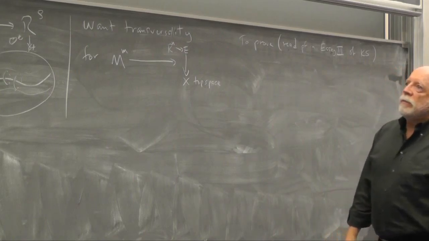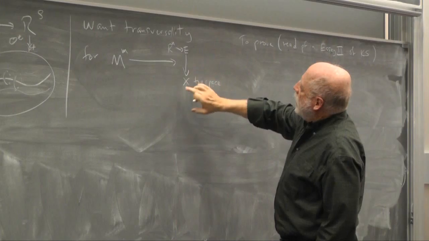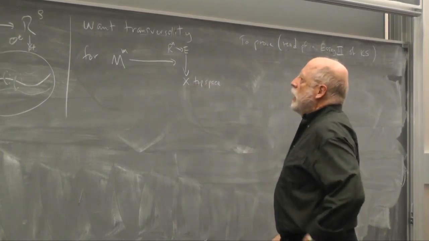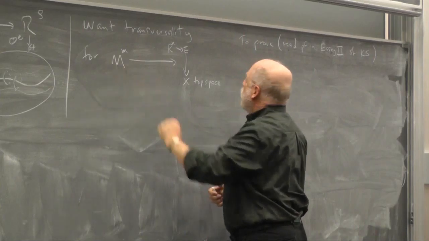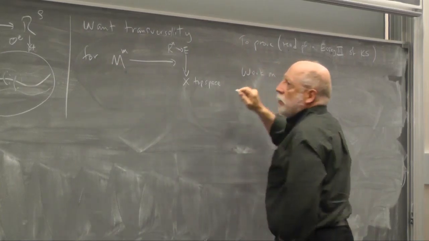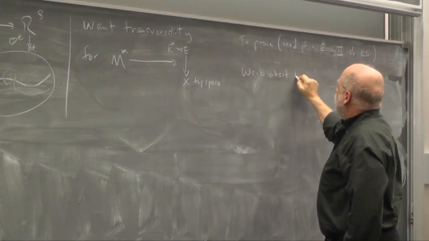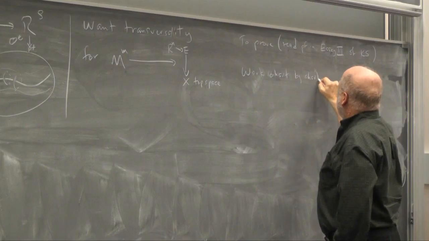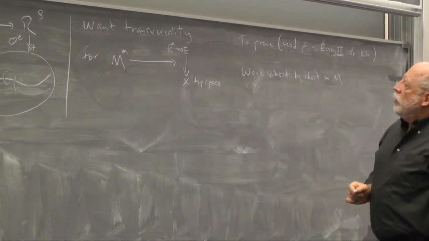So I will just indicate what happened. But the X doesn't cause a problem because locally, you do this on charts in M. So you work, just as we always have, chart by chart in M. And the charts can be small.